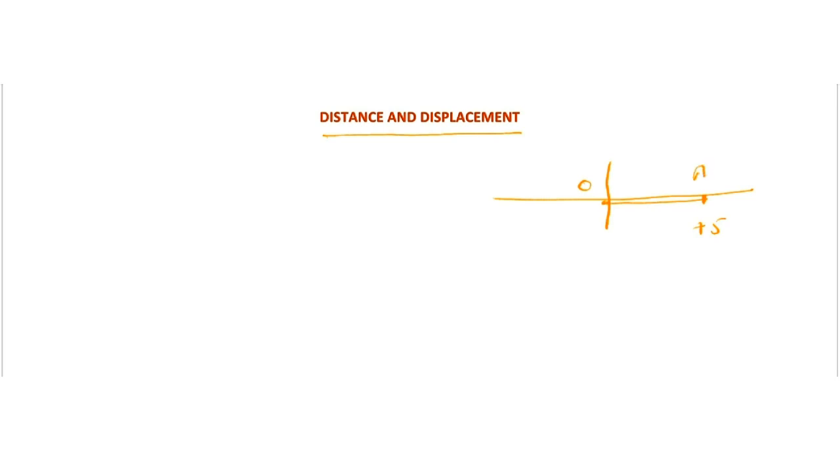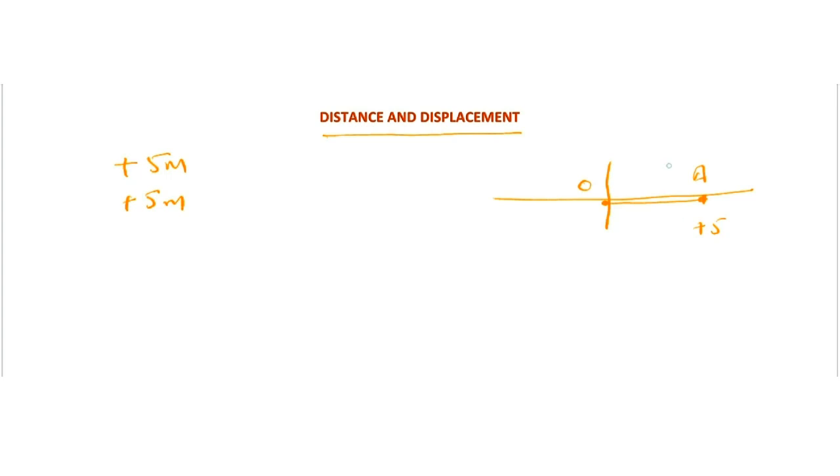Suppose this point is A. In this case, displacement and distance are both plus 5 meters. The actual path covered is 5 meter, that is distance, and the shortest path between initial and final position is also 5. So the displacement is positive.